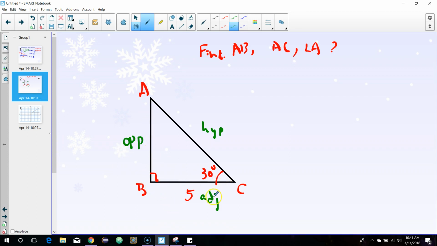I know that this is 5, I know this angle is 30. I'm basically looking at this, so what kind of information do I have? I am looking for opposite, I have the adjacent, I have the angle. So out of the 3 things, the only function that comes with the opposite and adjacent is tangent.